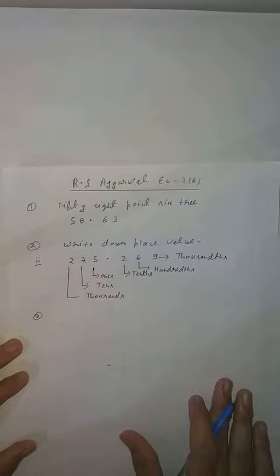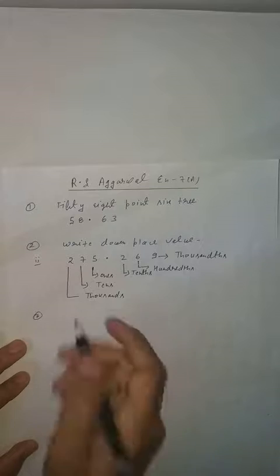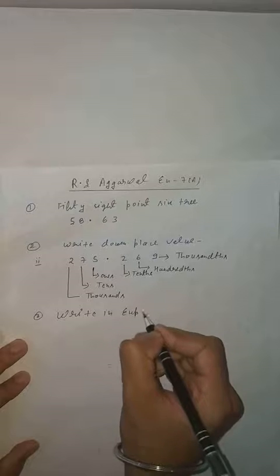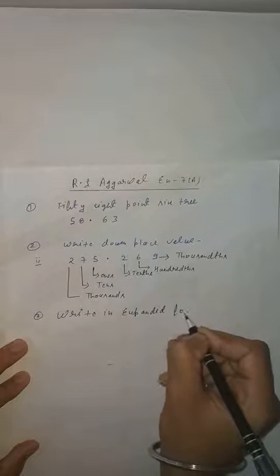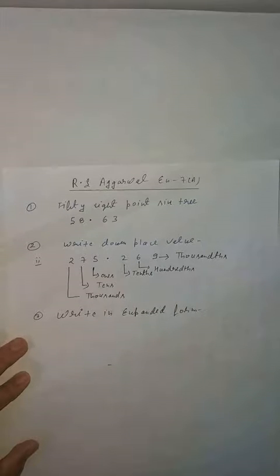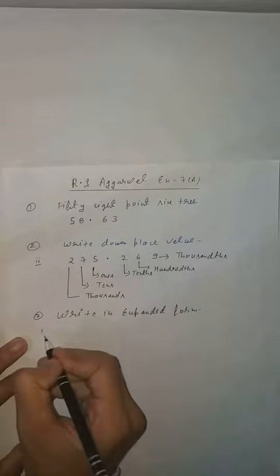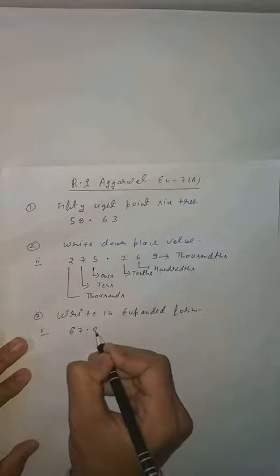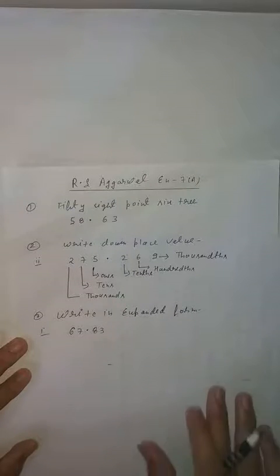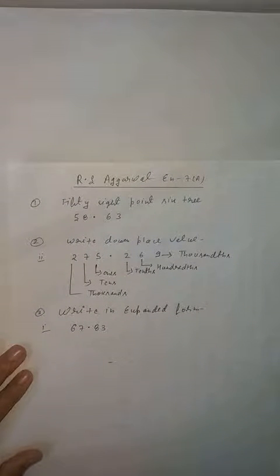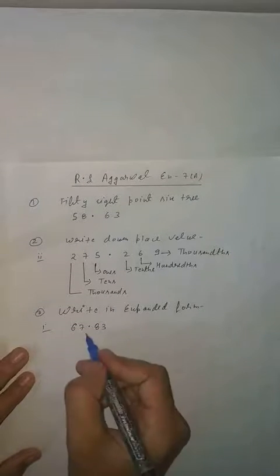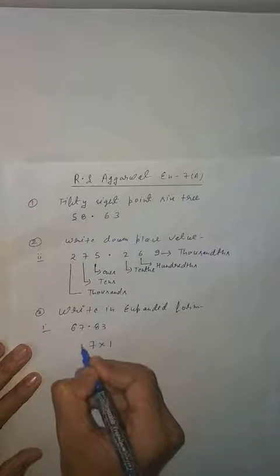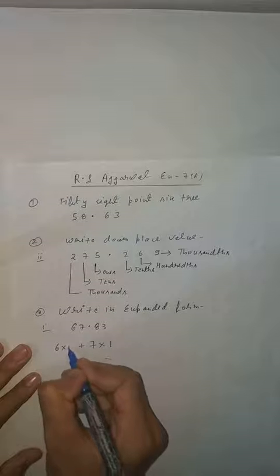It is given: write each of the following decimals in expanded form. Clear, student? So how to write the expanded form, like question number 1, 67.83. You know how you will write it down. This is on the ones place, so you write 7 multiplied by 1 plus. This is on the tens place, so you write 6 multiplied by 10.